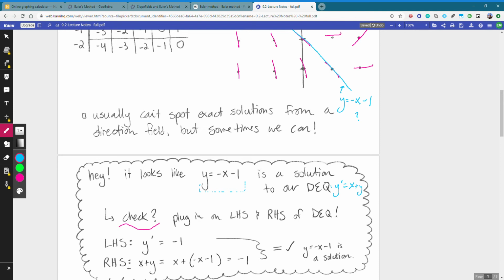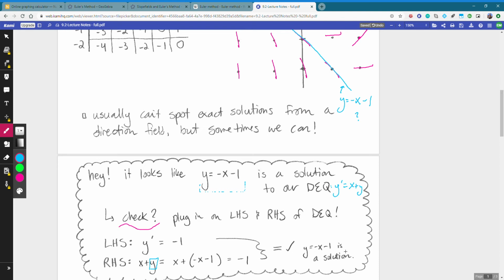Then the right-hand side, x plus y, we just need to take our y and pop it in right where we see y in the formula, and doing a little bit of simplifying, our x's cancel out and we're left with just minus 1, and indeed we get the same thing as we did for the left-hand side.